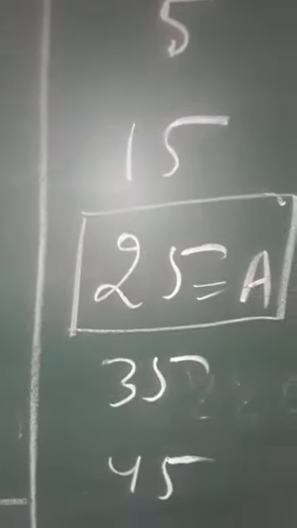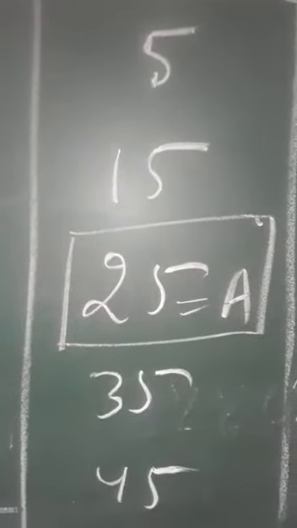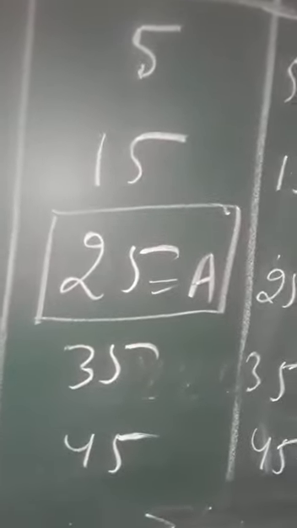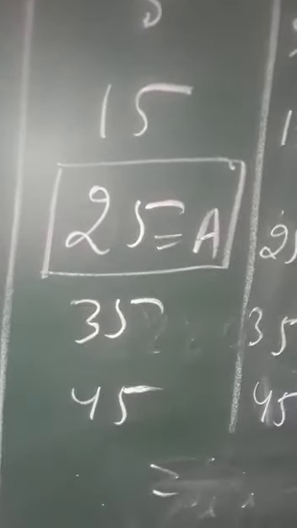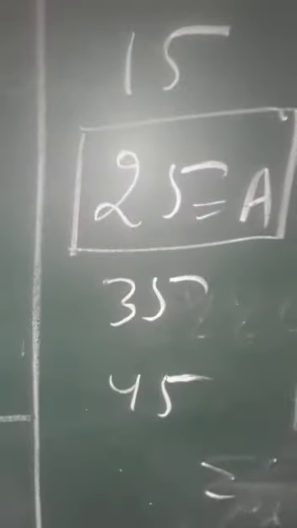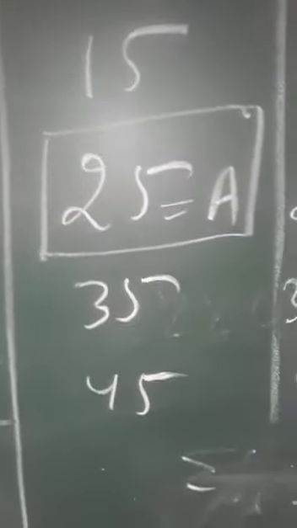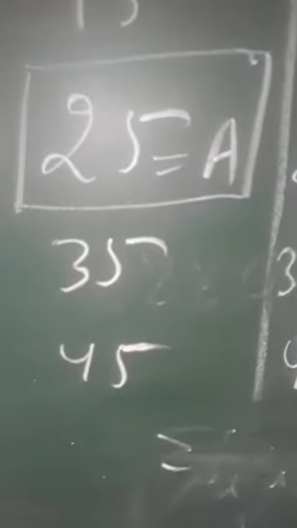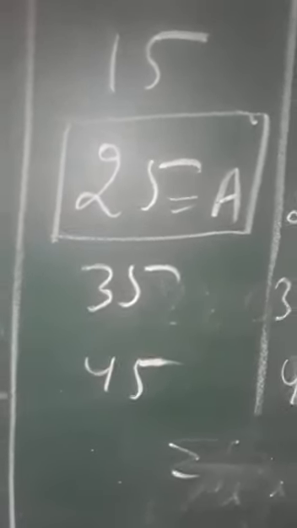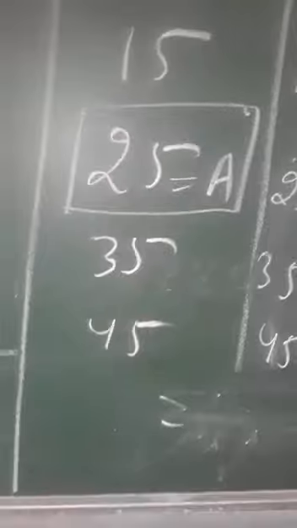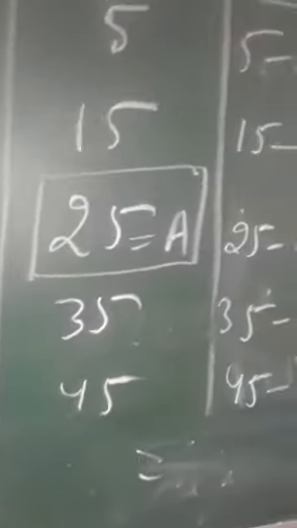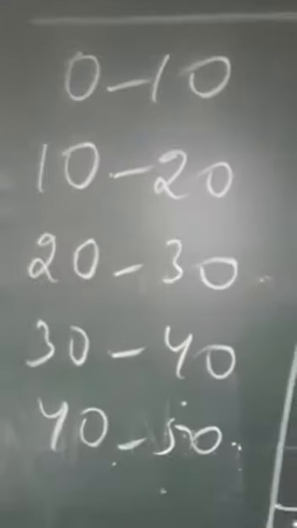Since the class size is 10, we add 10 to 5. Similarly, we add 10 to 15 to get the next class mark, and we obtain the remaining class marks by adding 10 to the previous class mark. In this way we have obtained the class marks of all the class intervals.